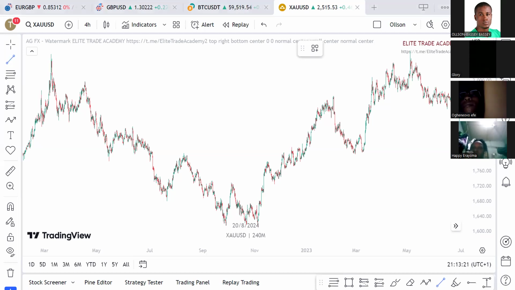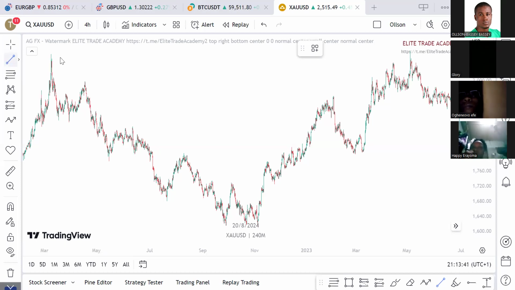Now, like I said, how do you know your market direction? And I said earlier that it's easier to see an already developed market than to see the one that is developing. So let's look at an already developed market.